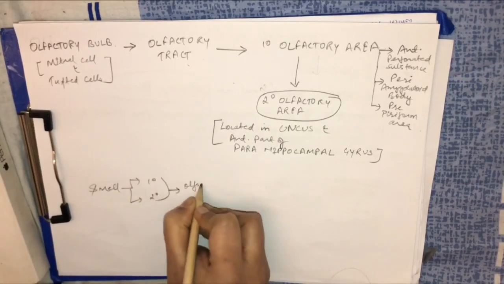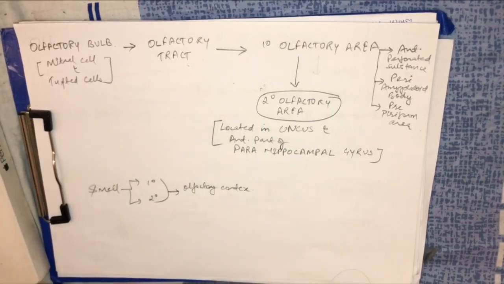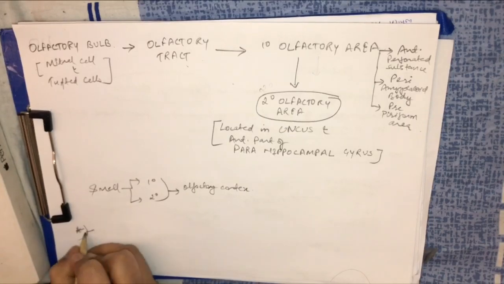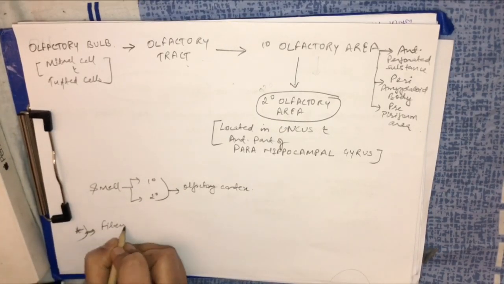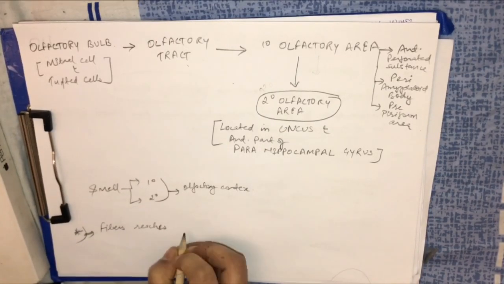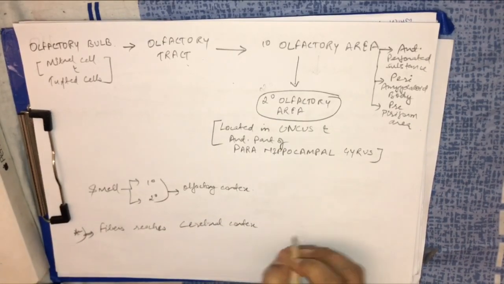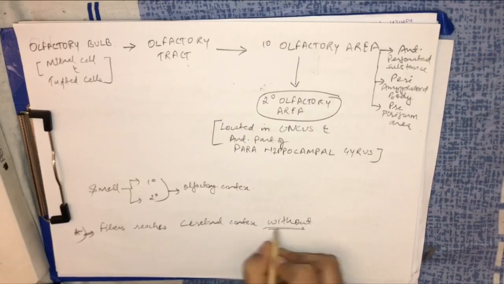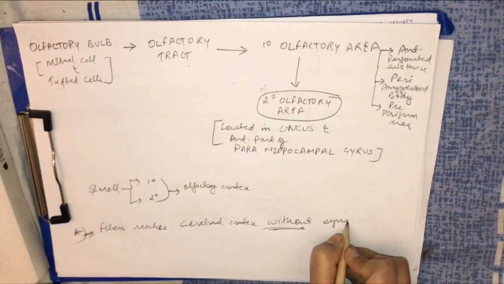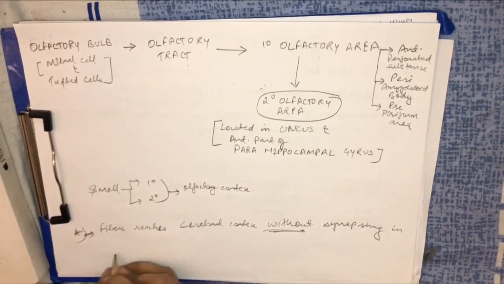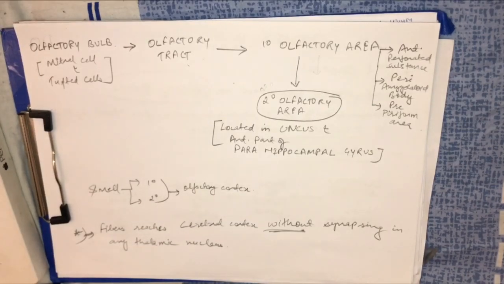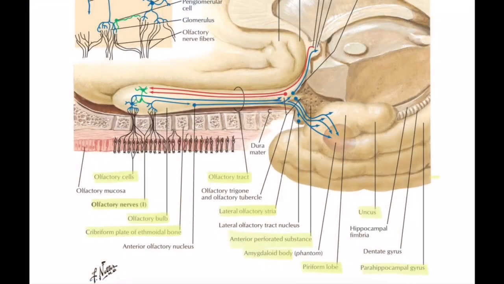Smell is perceived in both the primary and secondary olfactory areas. The olfactory afferent pathway consists of only two neurons, and the fibers reach the cerebral cortex without synapsing in any of the thalamic nuclei. Now let's come over to the diagram.